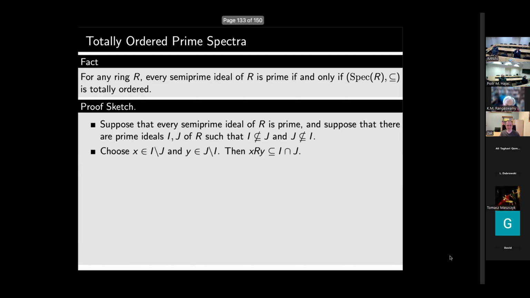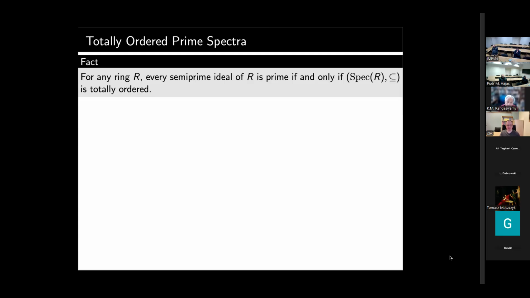Can you remind me what semi-prime means? The definition of prime was: for any two elements x and y, if xy is contained in the ideal, then either x or y is contained in the ideal. Semi-prime is instead of x and y, you take the same element: if x times x is contained in the ideal, then x has to be contained in the ideal.